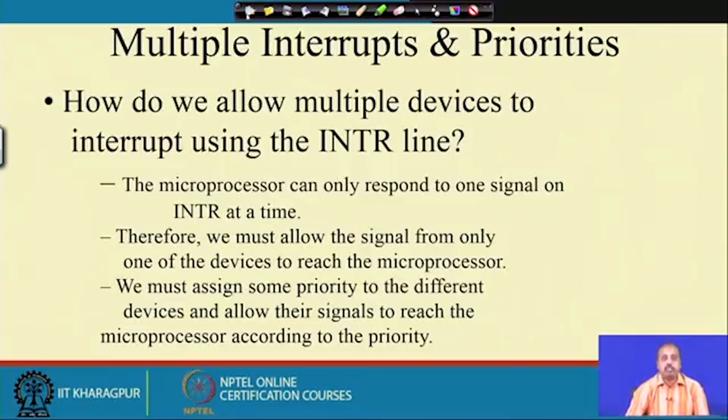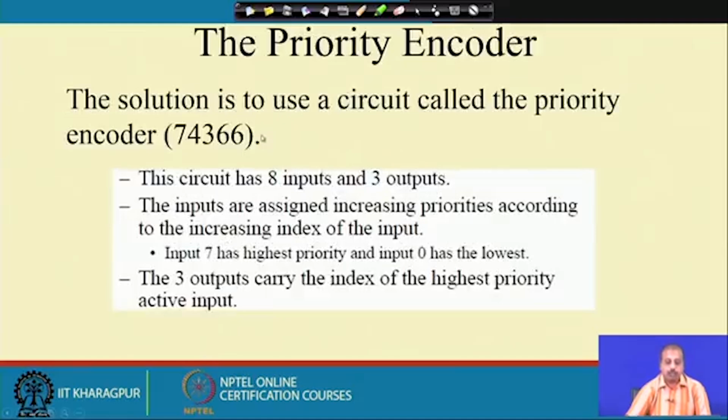The microprocessor can only respond to one signal on the INTR line, so we must allow the signal from only one device to reach the microprocessor. There must be some priority assignment for that purpose. How to do this? For that purpose there is a special chip known as a priority encoder, chip number 74366.